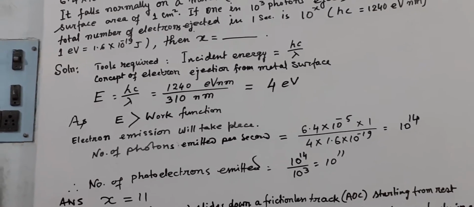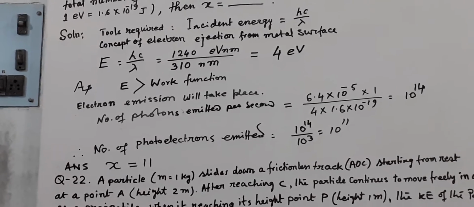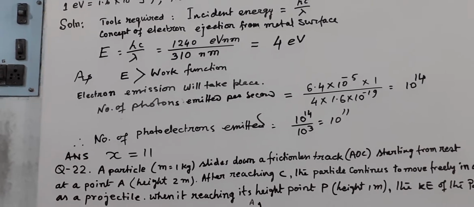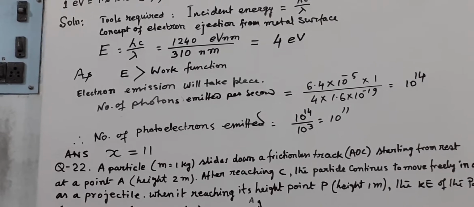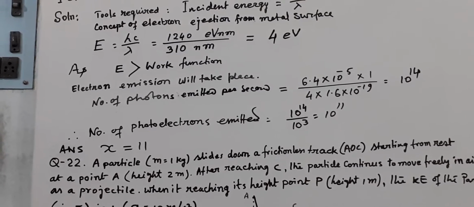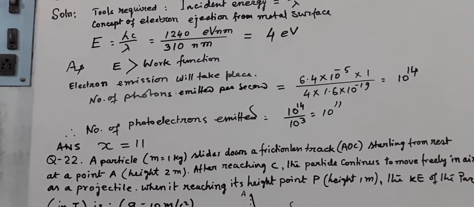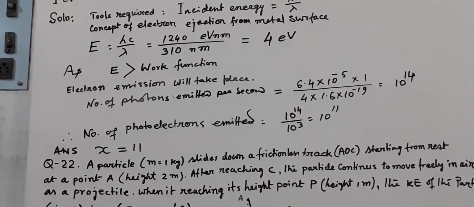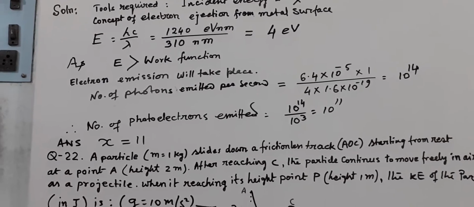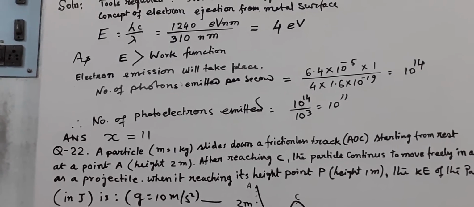Now E equals hc by lambda, so hc is provided, 1240 over 310 nanometer. From here we get 4 electron volt. As this energy is greater than the work function, it confirms that there will be an ejection of photoelectrons. Electron emission will take place, that is the confirmation.